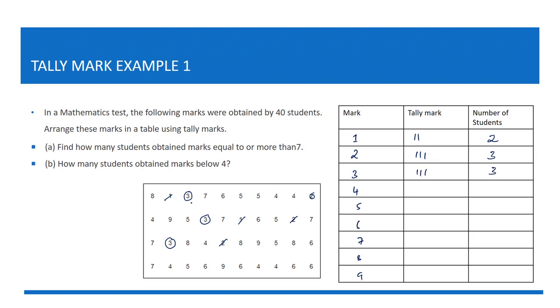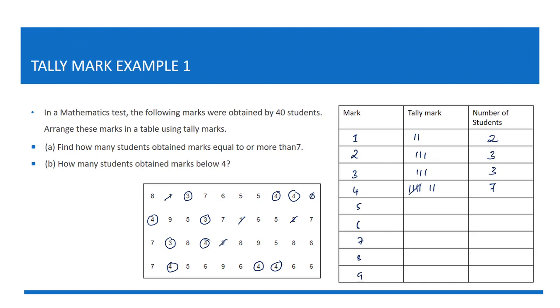Then 4 marks, how many students got 4 marks here? So this is 1, 2, 3, 4, 5, 6, 7. Total 7 students got 4 marks.